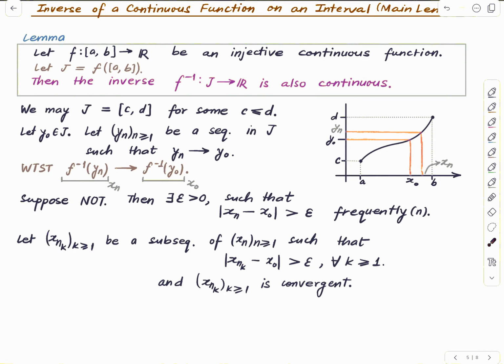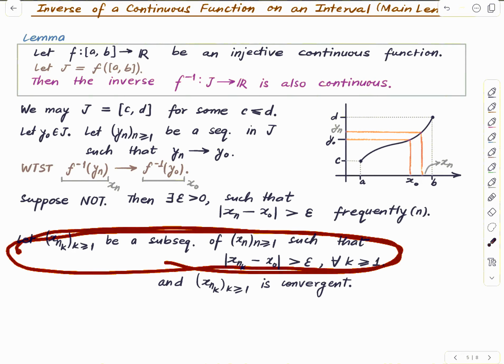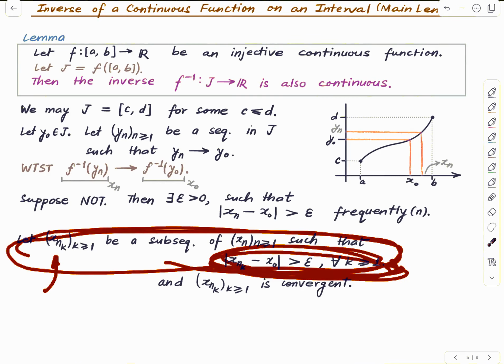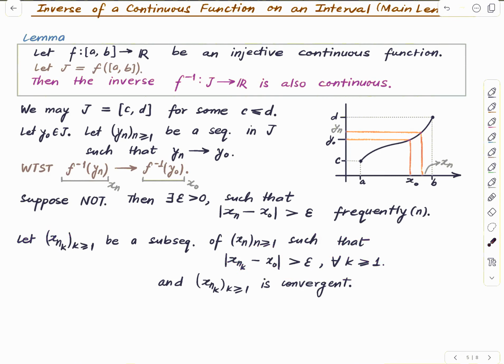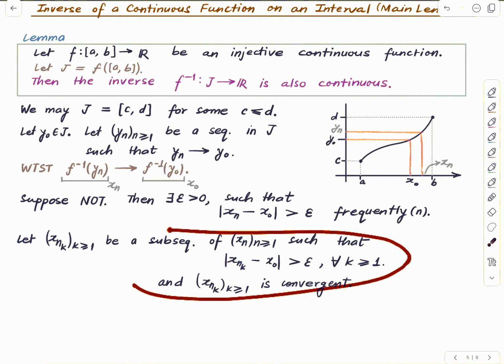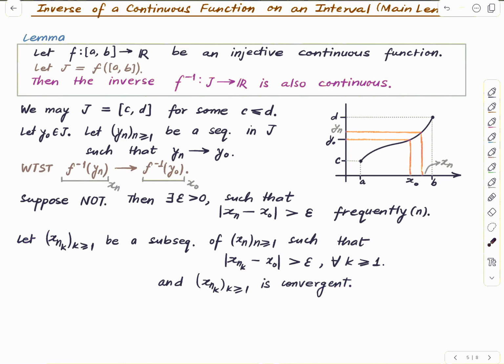This is called the Bolzano-Weierstrass property. I have a sequence with some property. I can extract a subsequence of it which converges, and this property will not change under that extraction. So instead of doing those two steps, I can just write this in one single step. So it's very important to appreciate this deduction.